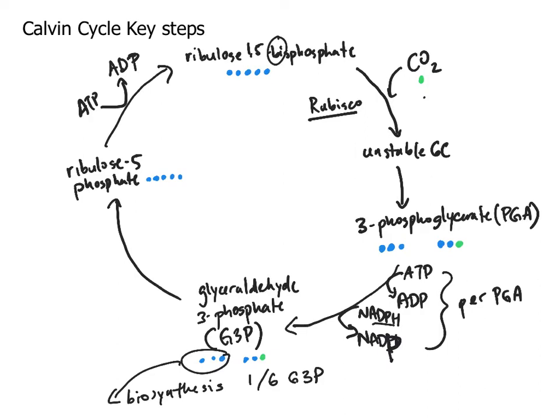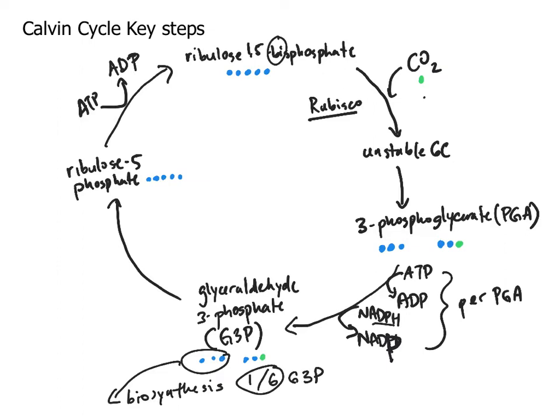Just think about it in terms of this being drawn for 1 CO2. But in reality, you need it to go through 3 more times for you to actually be able to get one of these to go out. And so you can kind of track things that way.